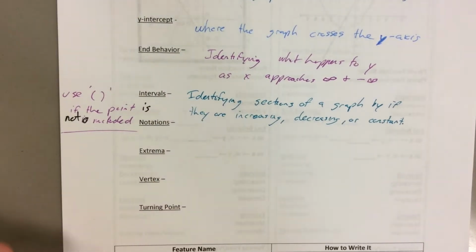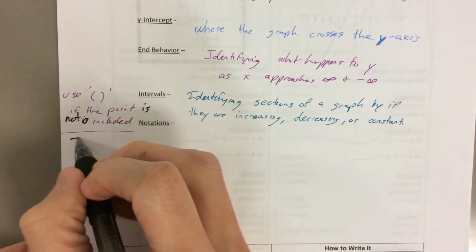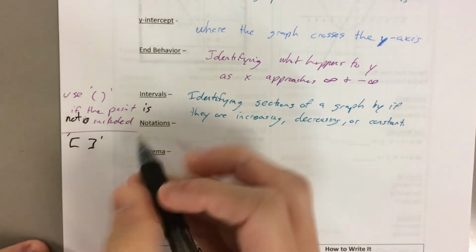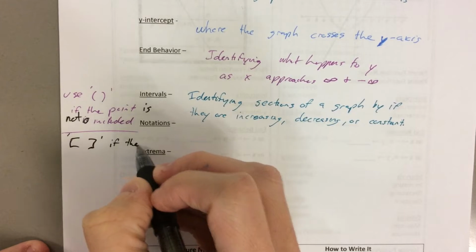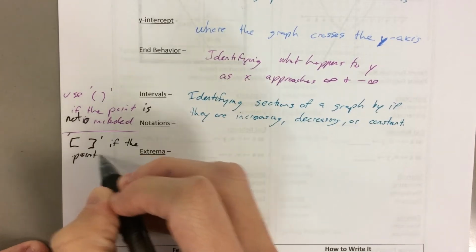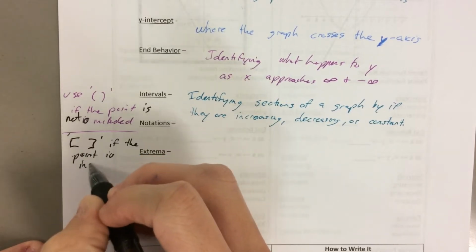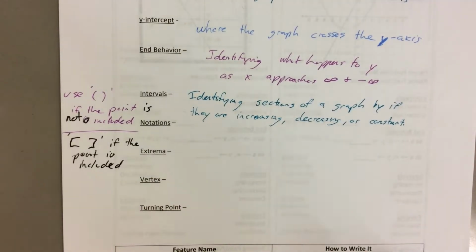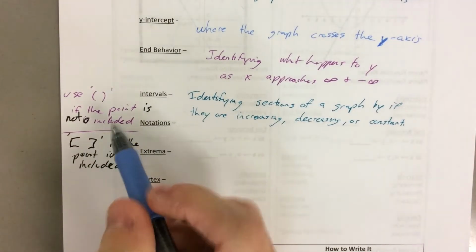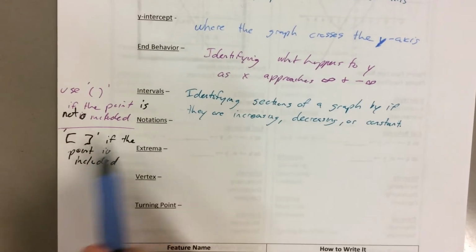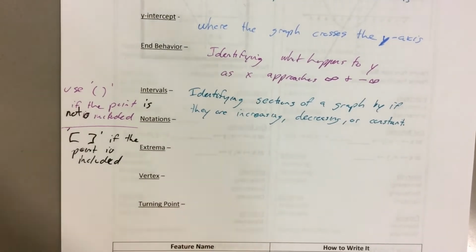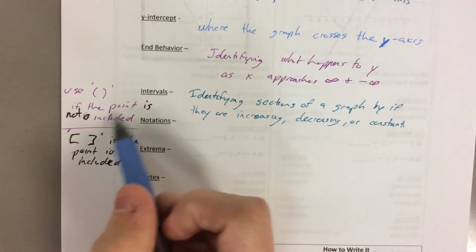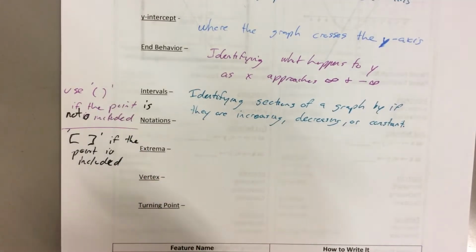Sorry, I just read the notes wrong there. So that means we use brackets, as we know, if the point is included. Okay, so that's a little sloppy, but surely you can make it look better than that. A legend or some kind of notifier that this is what we do, so maybe just a reminder.